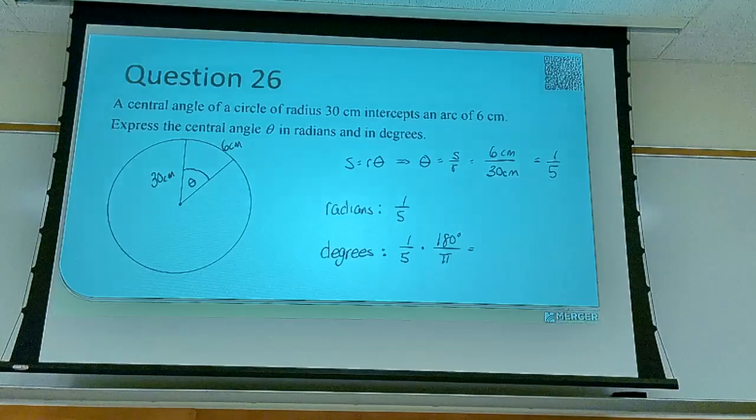Yes, 16 over pi degrees. So that's the angle that's subtended. And 180 over 5 is 36. Yeah, you're right. Thirty-six over pi degrees.